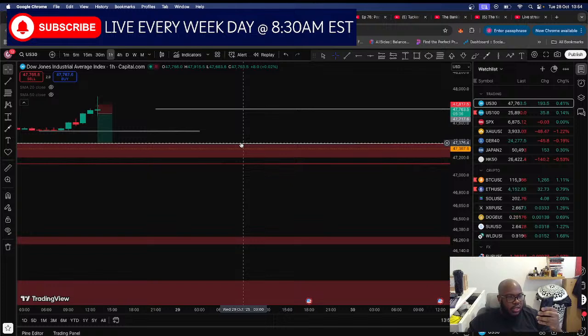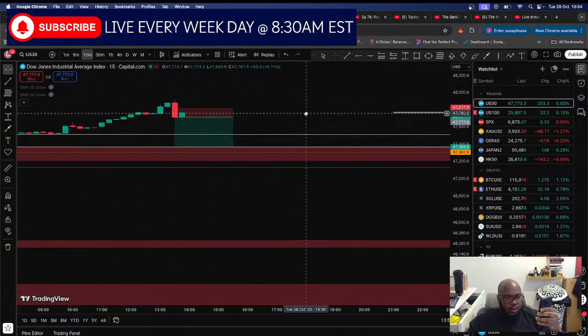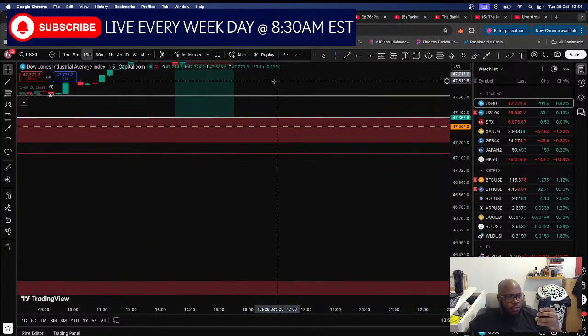So if we were going to see any bearish momentum coming, it would need to come in right about now. And it just doesn't seem to be coming in, unfortunately.